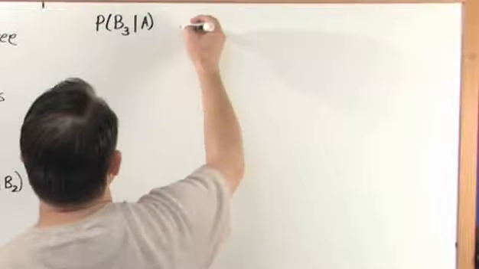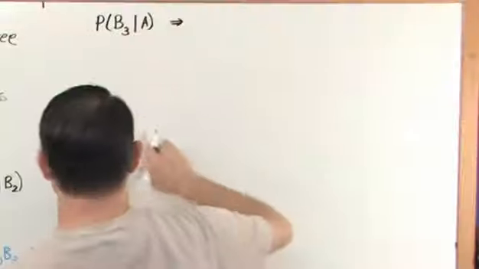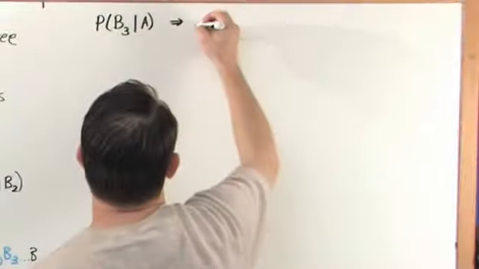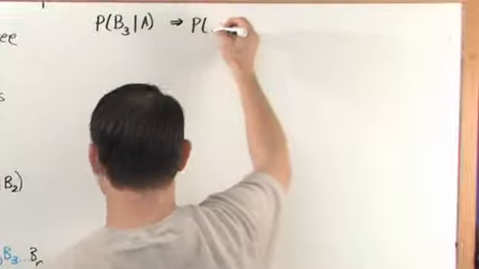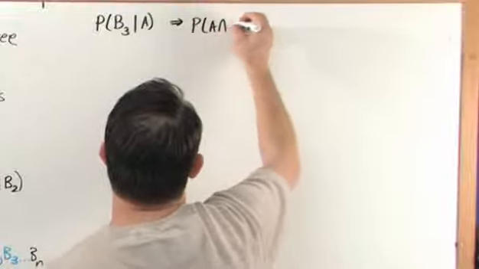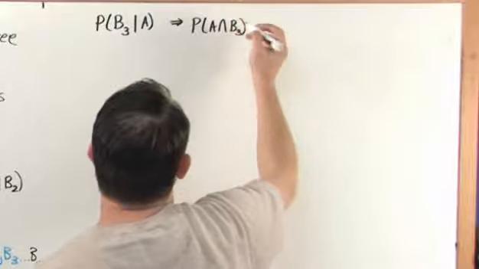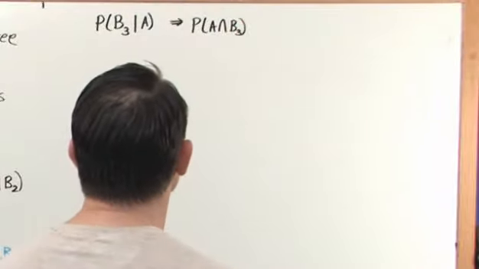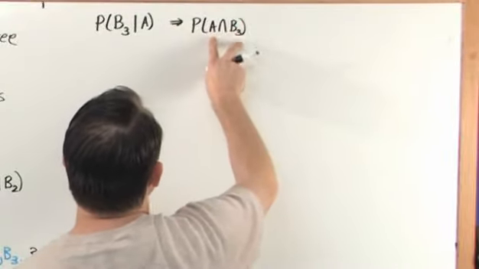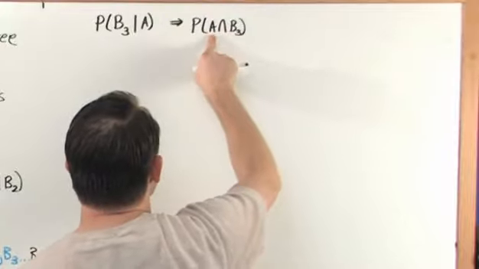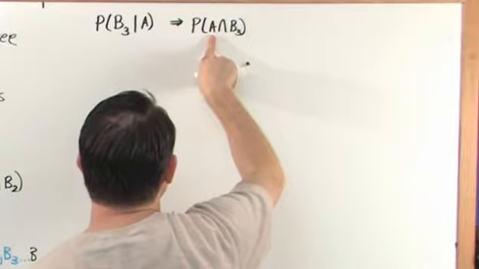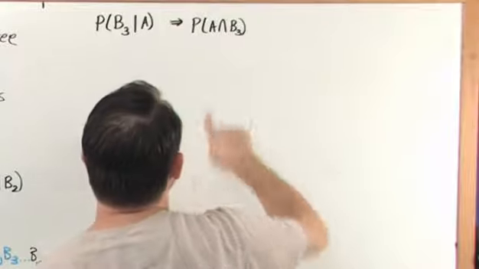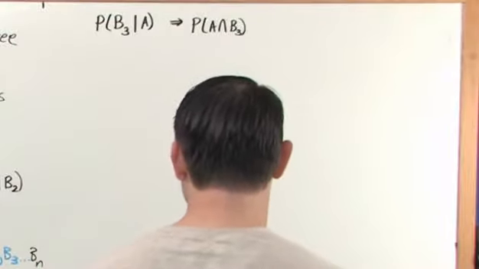So what I want to know is the probability of A intersecting with B3, because A and B3 are the two events in question: the car was error-free, and B3 built it. I want the intersection there.